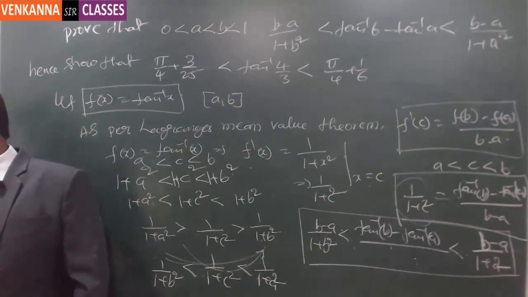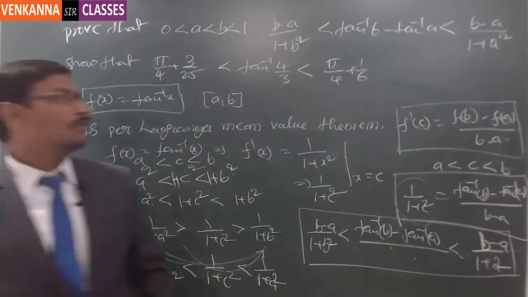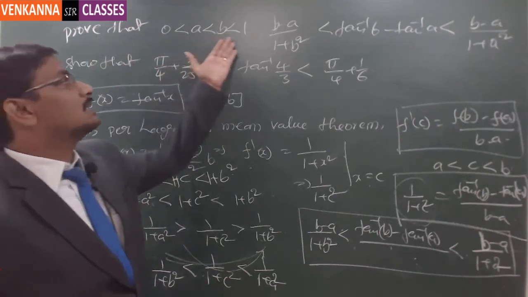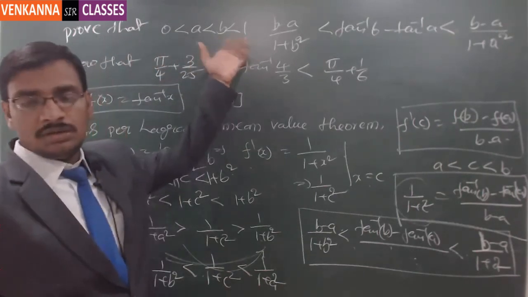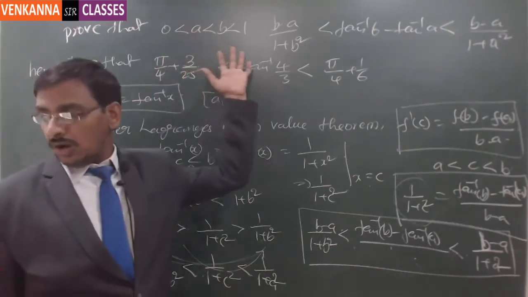So Keshav, you are asking me to review this again? So just what we are doing is, see this, here we have to prove that 0 less than A less than B less than 1 is the given condition. That means A, B values are in between 0 and 1, right?